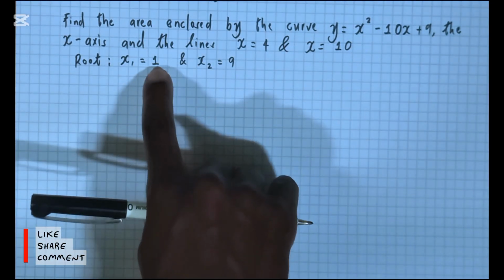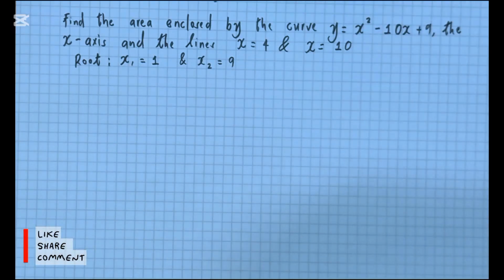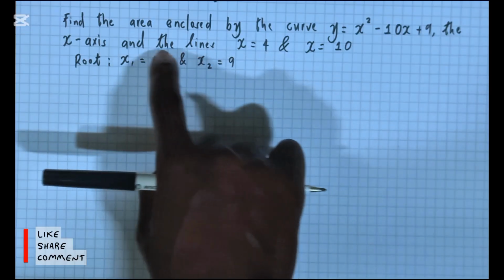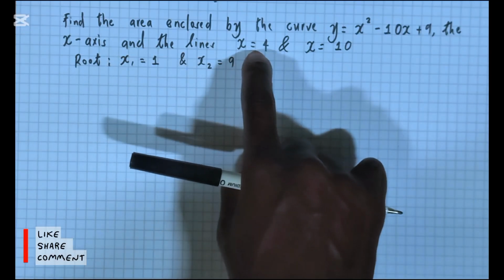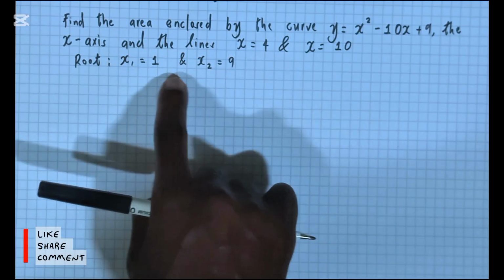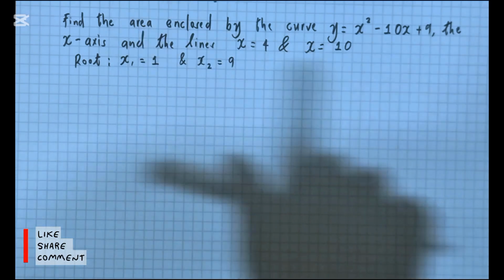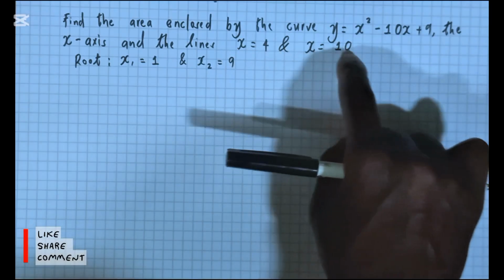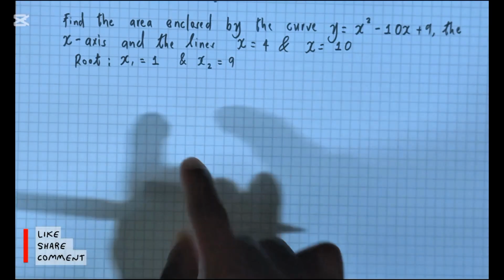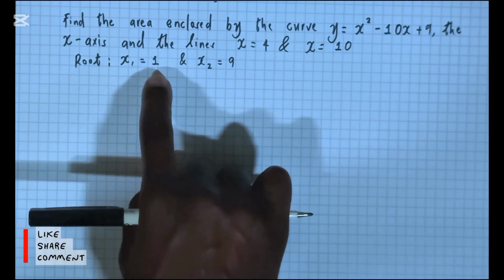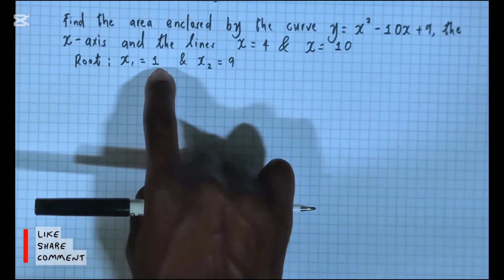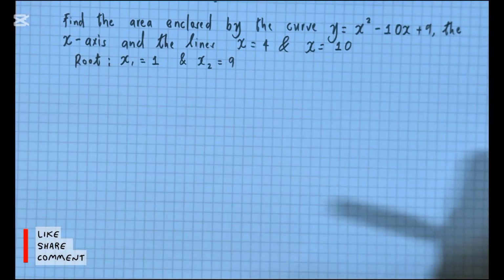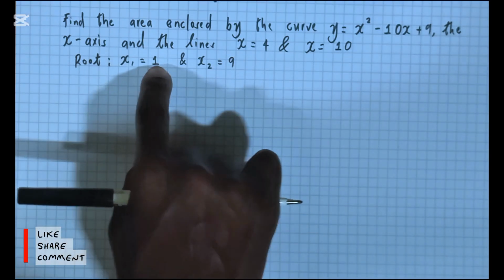Anything outside of 1 and 9 is outside of the range. When you look at the lines we've been given, x = 4 is between 1 and 9, so that is within range. But we are told it's x = 4 and x = 10, and x = 10 is out of range, because the bounds should be between 1 and 9.